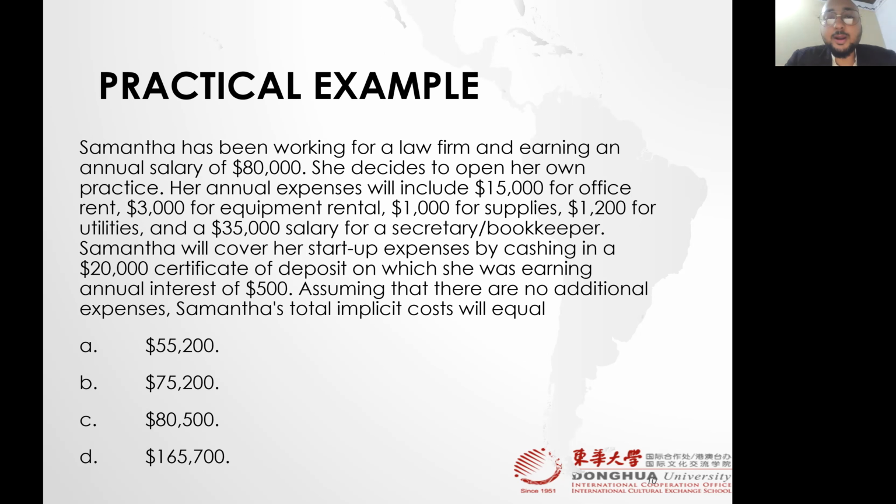Samantha will cover her startup expenses by cashing in a 20,000 certificate of deposit, which was earning annual interest of 5,000. Assuming there are no additional expenses, Samantha's total implicit cost will be equal to what?